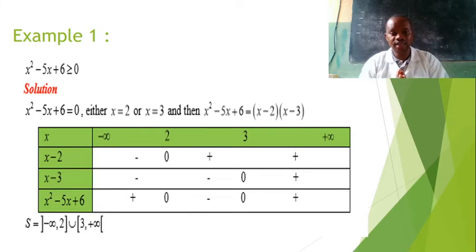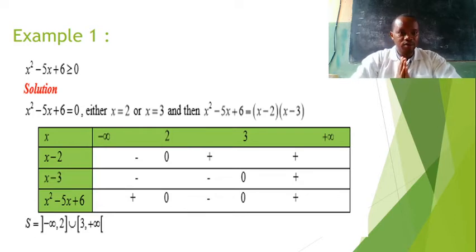And now finally, we are about at the end. We have to write the solution set, which is the final step of solving. In this case, remember that the question was to solve x square minus 5x plus 6 greater than or equal to 0.